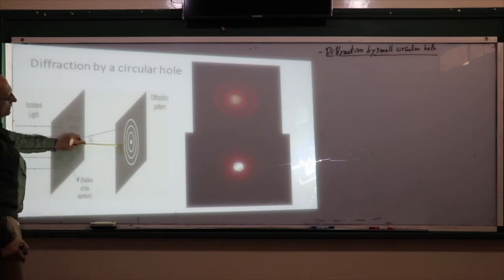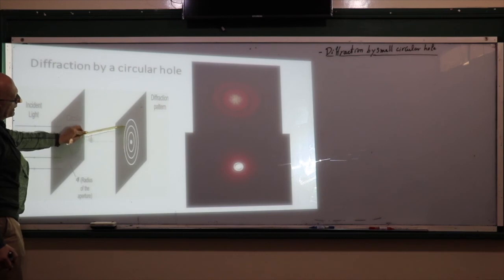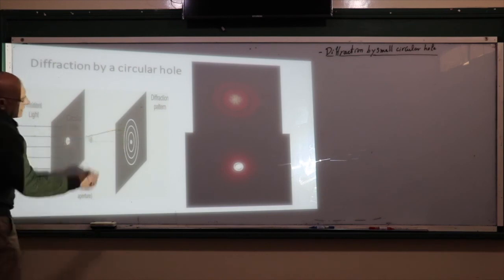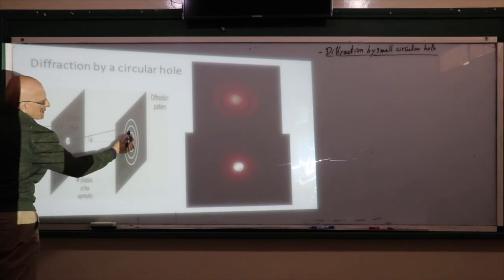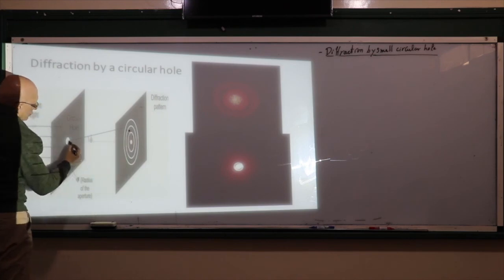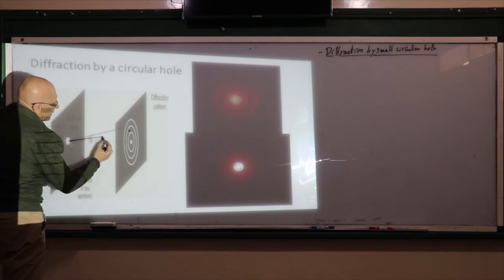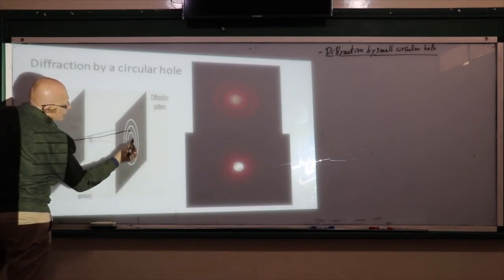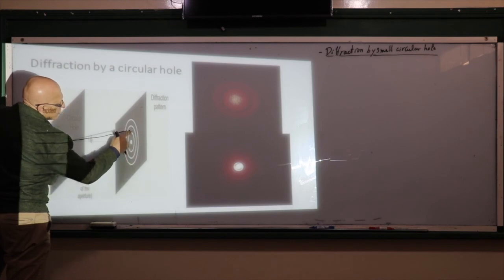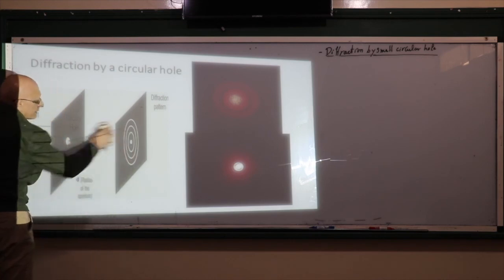This is the horizontal direction, and this is the angle of diffraction. So if I take the first dark fringe here, I draw a line from the hole to the first dark fringe, which is this one.